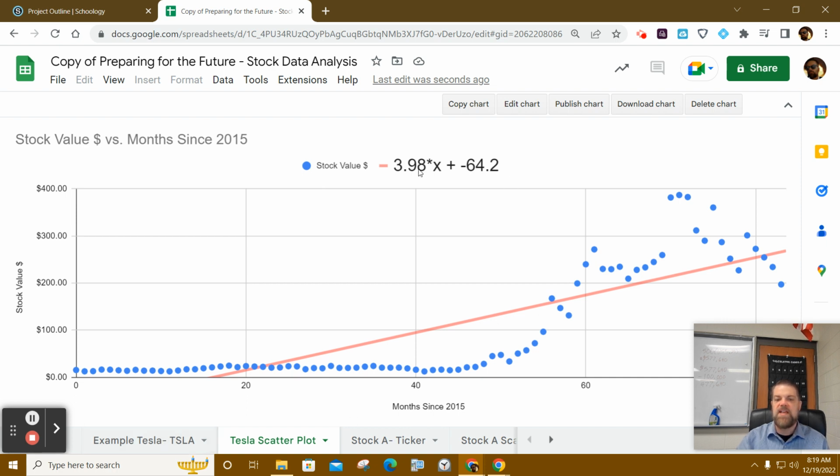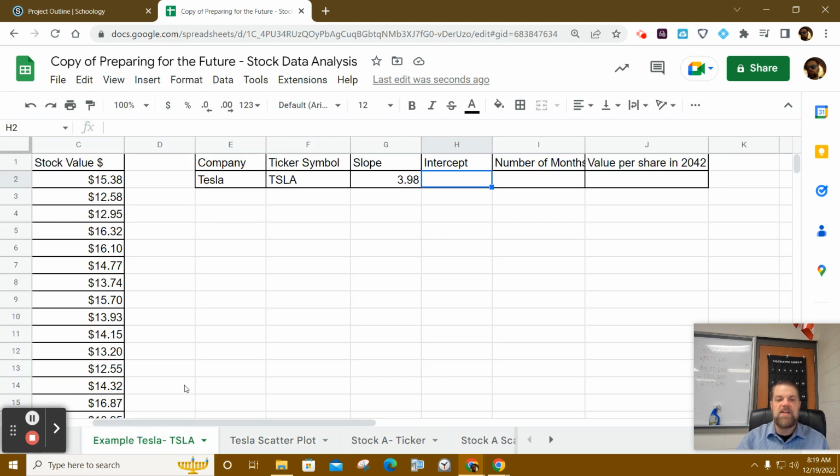You guys see where they're getting that from? This is the slope. This is y equals mx plus b. You got to look at that little negative symbol, it changes it a little bit. So I'm going to say negative 64.2.